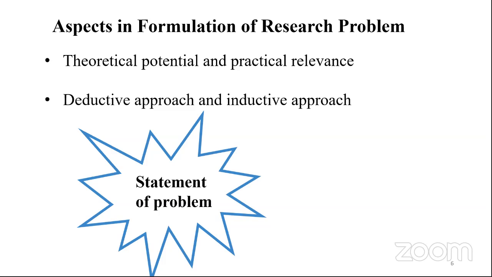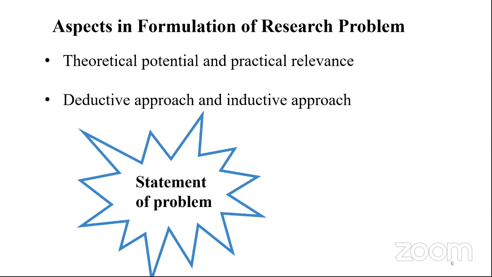A research problem that we select should have the potential to advance our existing theoretical knowledge. If it does not do so, at least it should have certain practical relevance. Coming back to the theoretical front, there can be two situations.